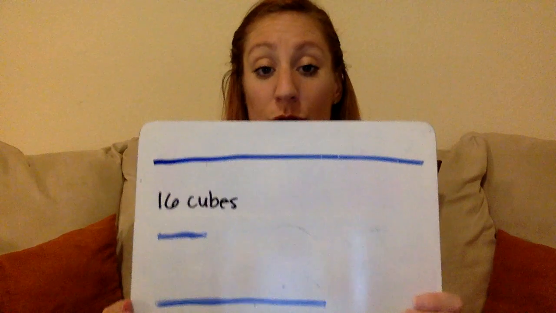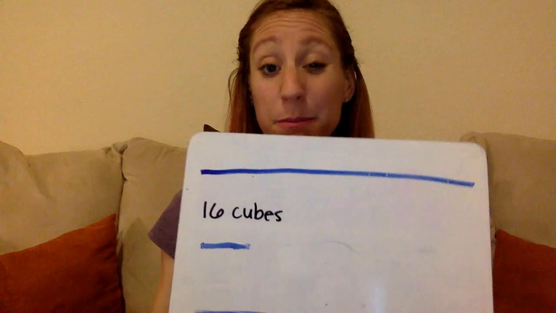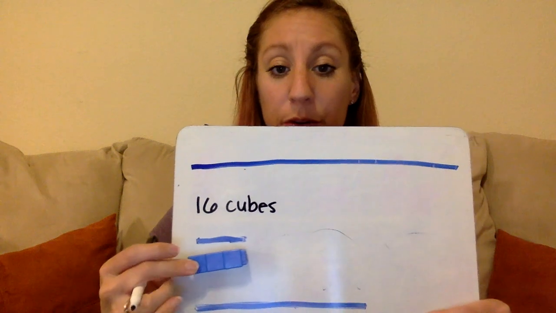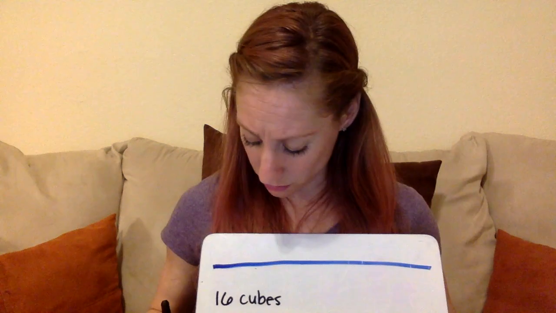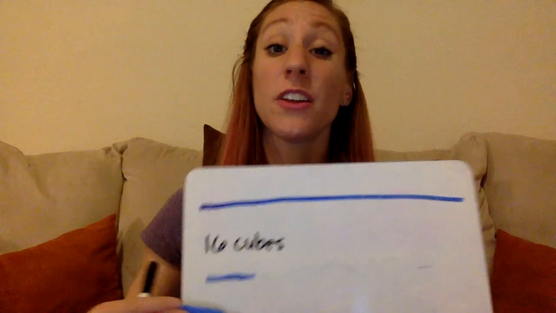Now I don't have to always use cubes. I'm going to do all 3 of these with cubes first, then I will come back for something else. Okay, so 16 cubes for the top line. This one is about 3 cubes. Let's see, is it 2 or 3? I think it's about 3. A little bit shorter than 3, but I will still call that about 3 cubes.